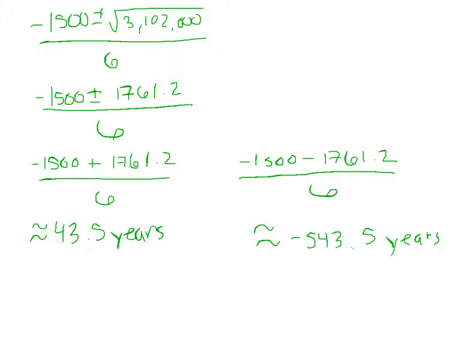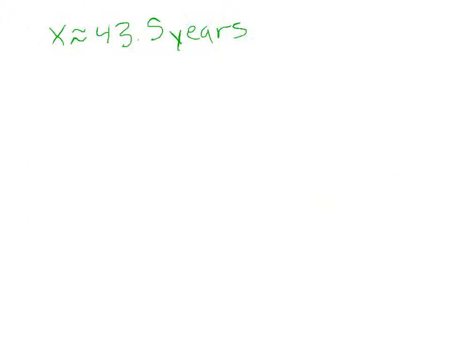Since the amount of years after 1960 cannot be negative, we know that we can discard the second solution. Now, since we have a solution of x being about 43.5 years, we can find the year that the United States had approximately 2 million high school teachers.